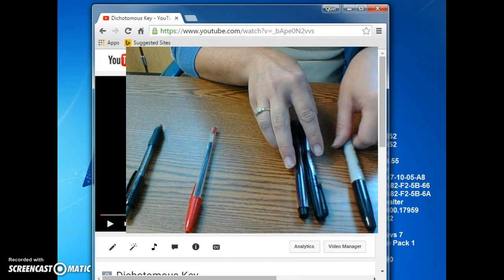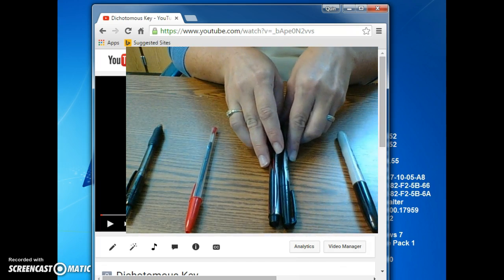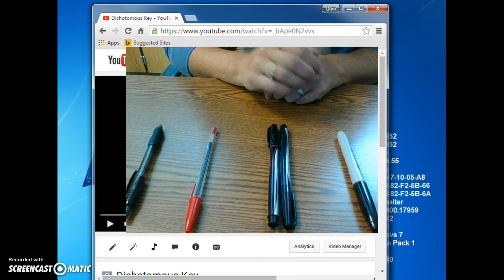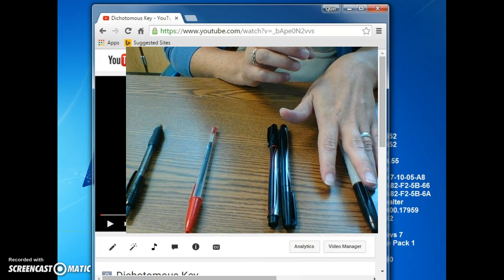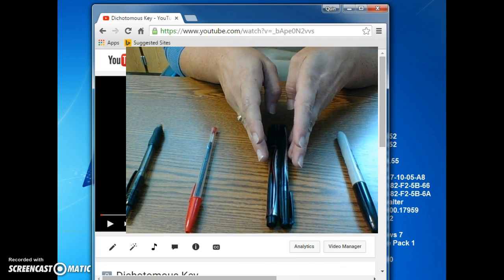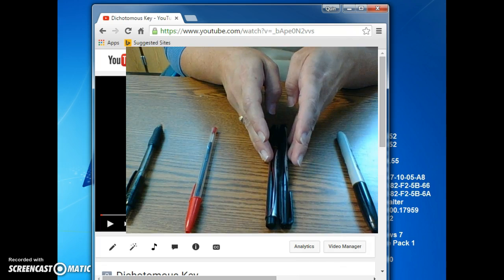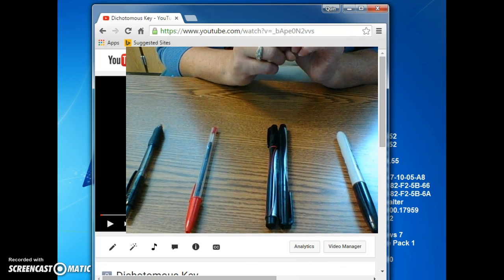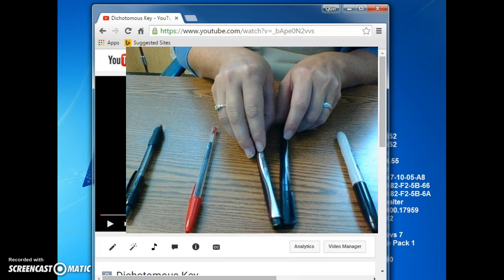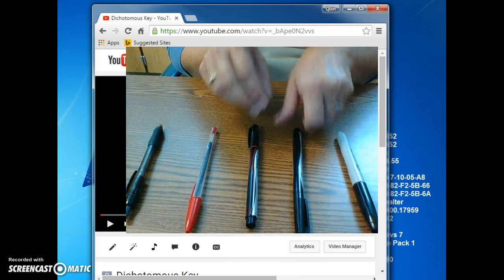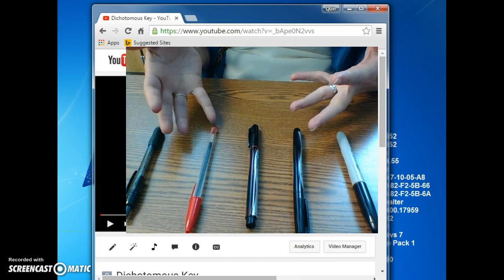Okay, this is a wider tip and these are fine point, so I can split them up. Now this is in its own category. Now these are still in the same category. They are both felt tip pens and they are fine point, so they're together in that category. So I want to try to split those up. Well, one way I can do that is red ink versus black ink. And so now everything's in its own category.